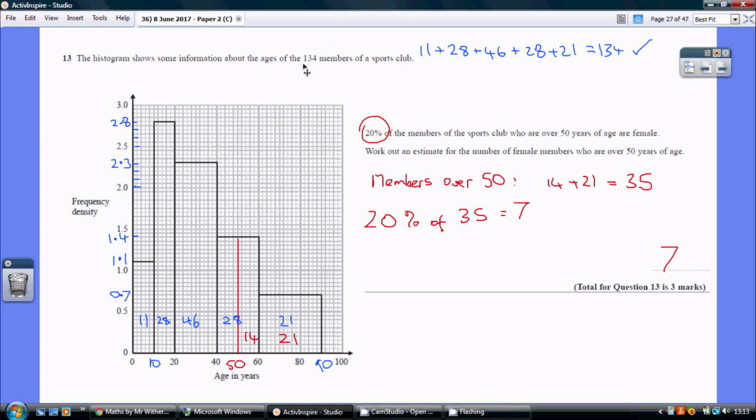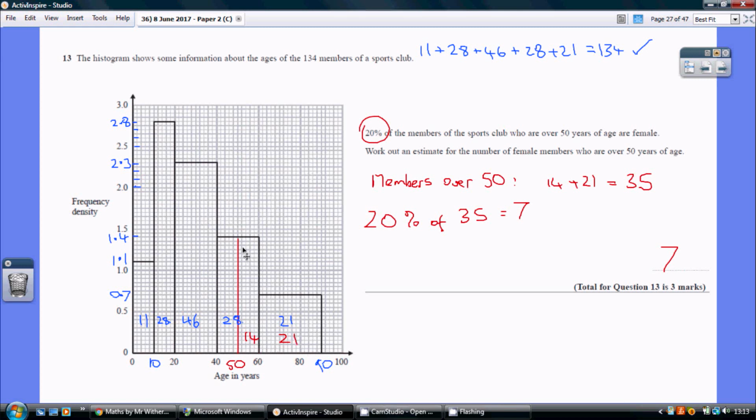Now we're told that 20% of the members of the sports club who are over 50 years of age are female, and we've got to work out how many that is. So first of all, we've got to work out how many members, be they male or female, are aged over 50. So if we take our 50 years here, halfway between the 40 and 60, draw a line up there, then the area to the right of this, so this little area here and this area here, is the total of members, male or female, who are aged over 50.